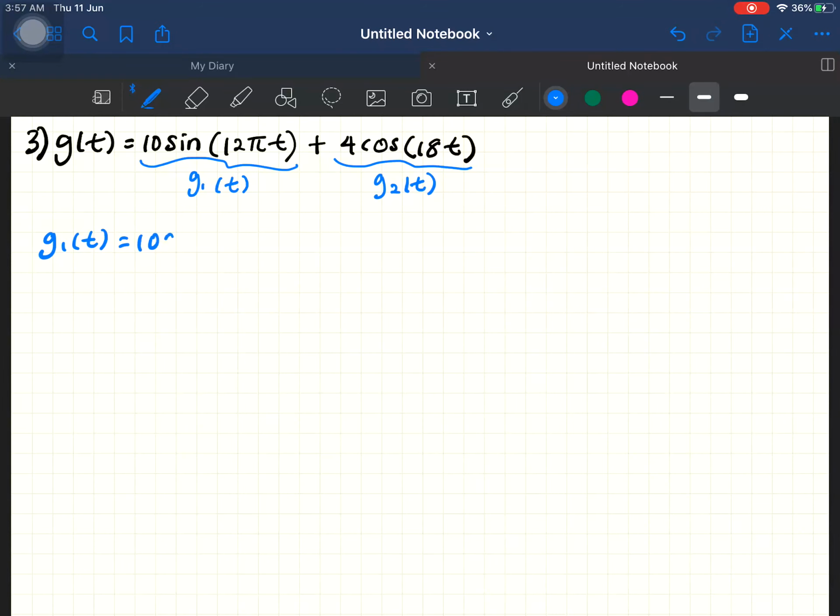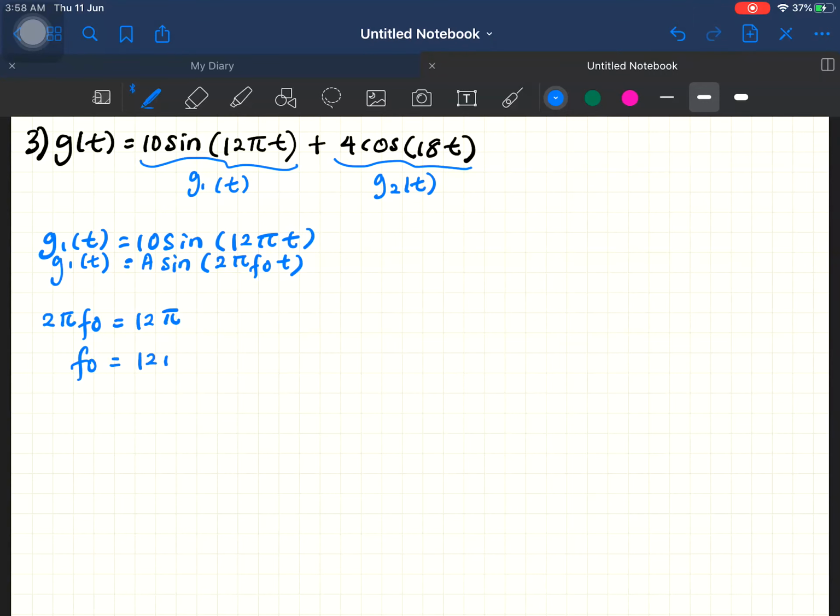So g1(t) is 10 sine 12 pi t. Okay, so if you write the general function of a sine, it's A sine 2 pi f0 t. Okay, so you will have 2 pi f0 equals 12 pi.